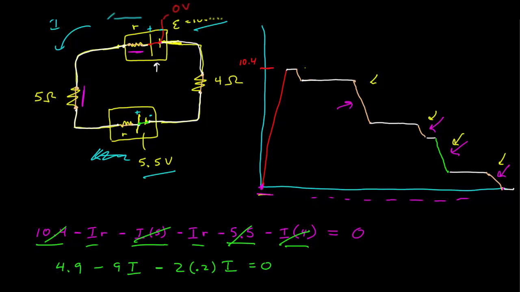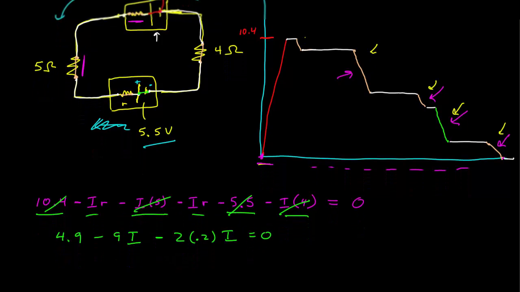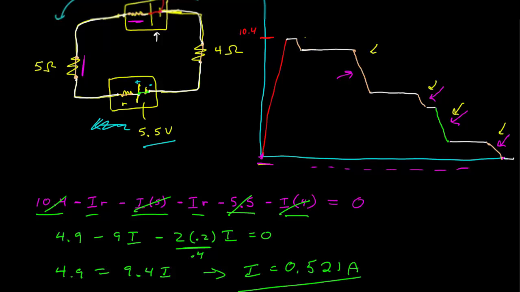And so if I group this together, 4.9, take all of this on the other side, I get 9 plus 0.4, since 2 times 0.2 is 0.4. So 4.9 is equal to 9.4 I, or I is equal to 0.521 amps. Okay, so that's the current.